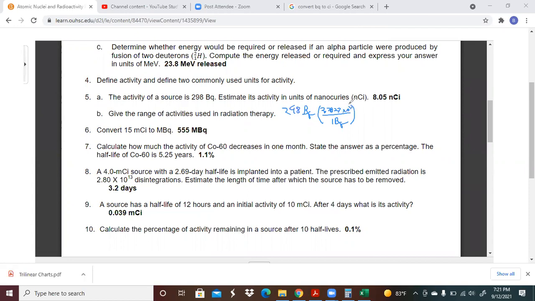Now, tell you what, I'm just going to try this all again because we want to be able to read what I'm typing here.